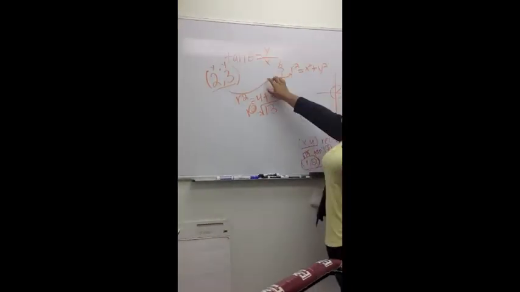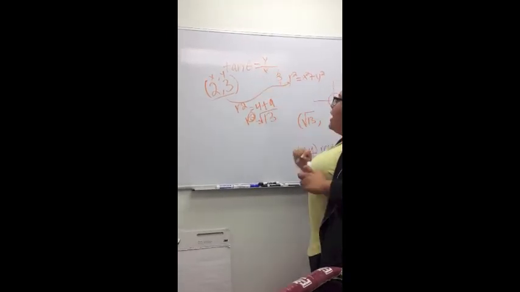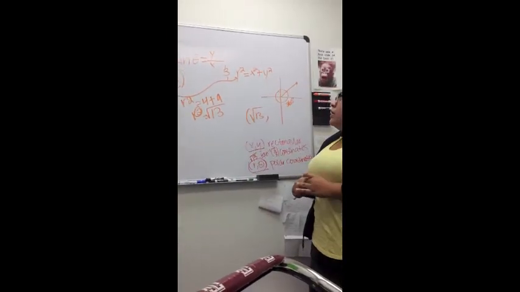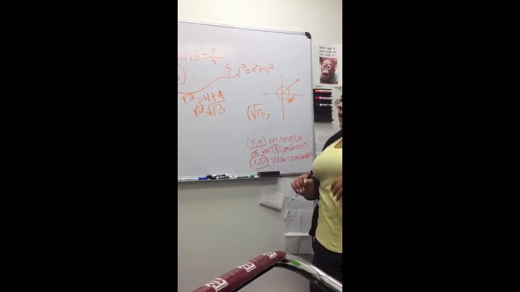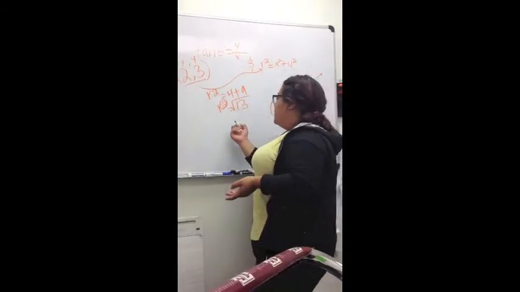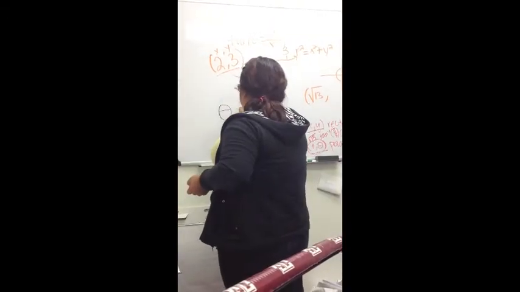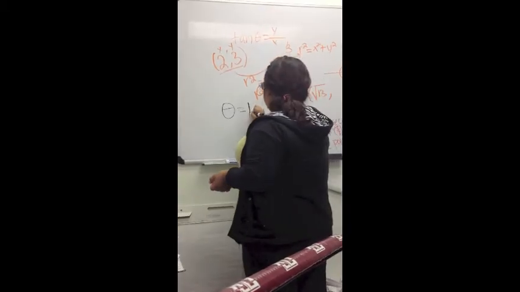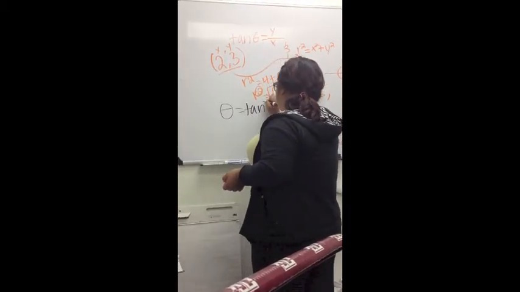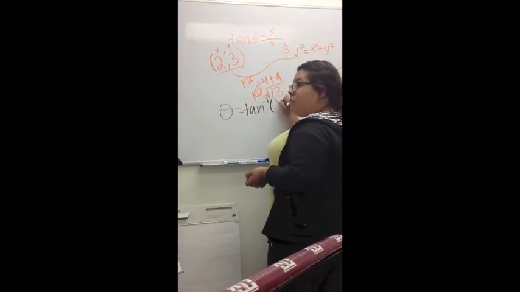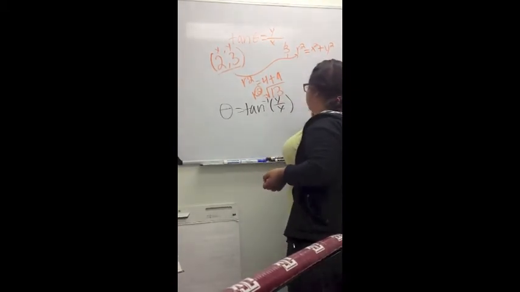Okay, your tangent theta, which equals y over x. So what you're going to do is, to get the theta, you have to do the inverse of tangent, which is theta equals tangent inverse of y over x.